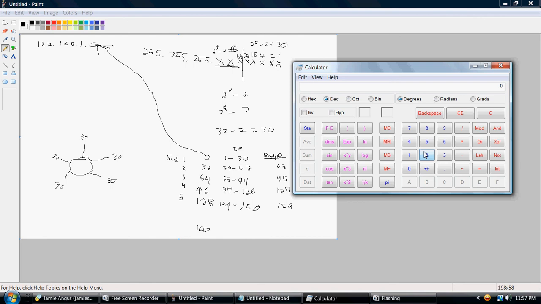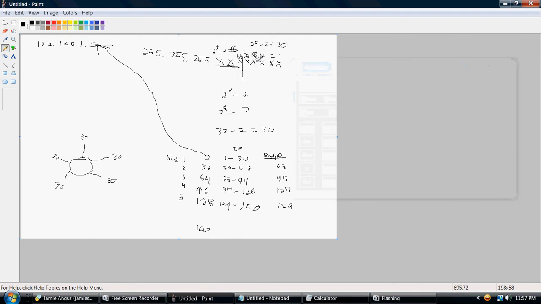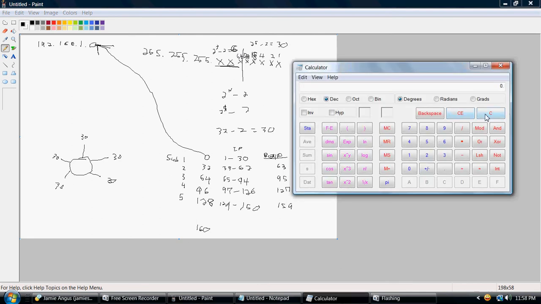It should be 8, 16. 16 times 2 is 32. 32 times 2 equals 64. 64 times 2 is 128.